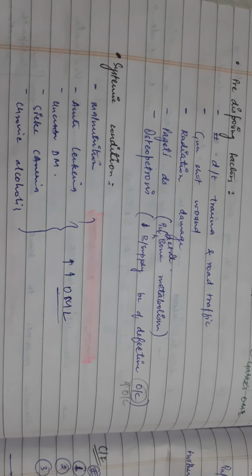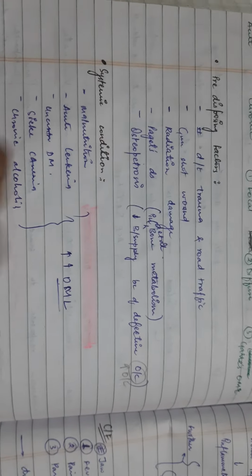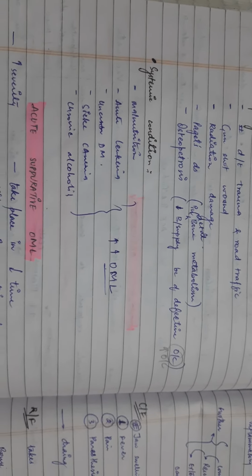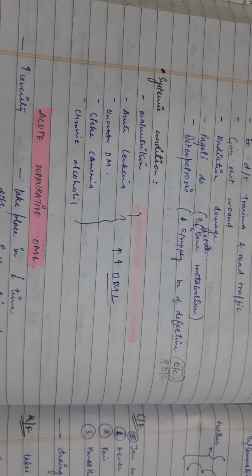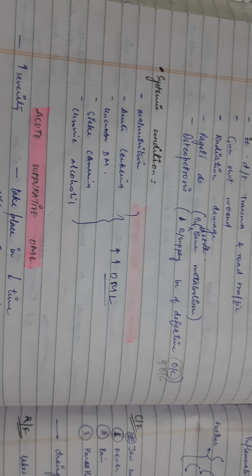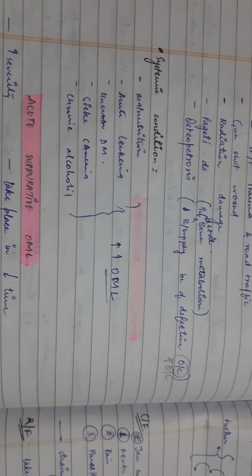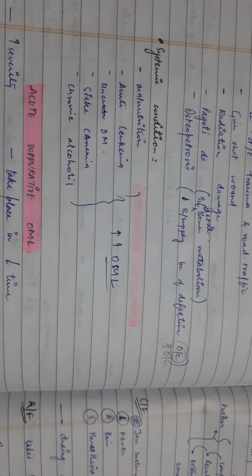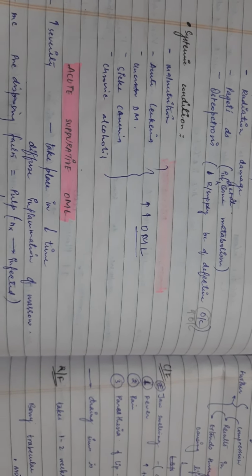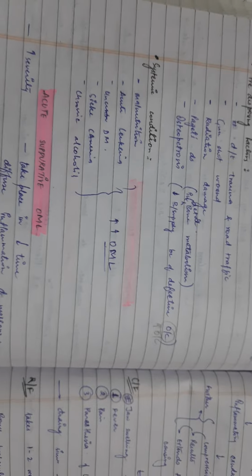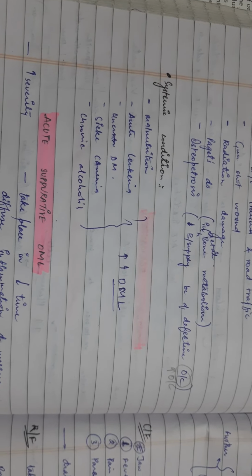Osteomyelitis is common in osteoporosis because a defect of osteoclast is present, which increases the activity of osteoclast, which decreases the blood supply of that part of the bone. So osteomyelitis can occur there.